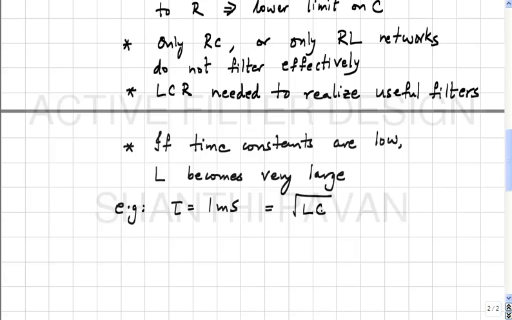The pole frequency must be a function of square root LC, RC or L by R, and if I choose C to be a nanofarad, then what is L? 10 power minus 6 divided by 10 power minus 9, which is, sorry, a millihenry or square root, sorry, 10 power minus 6 divided by 10 power minus 9, sorry, oops.